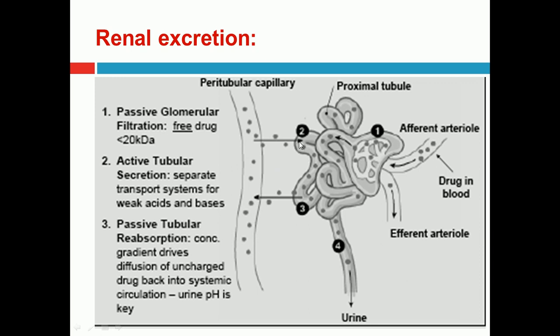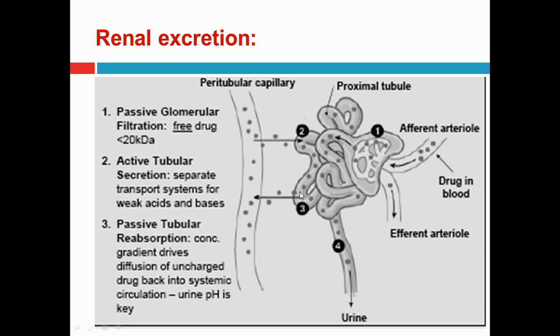It is here in this urine lumen. Here the active tubular secretion and the passive tubular reabsorption. So we are concerned with this arrow and with this process, number 3.